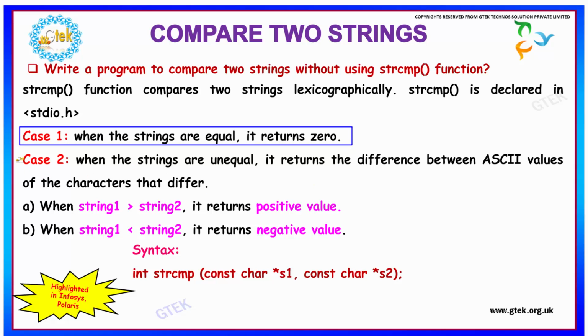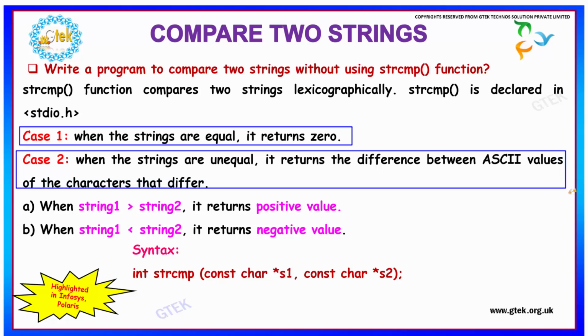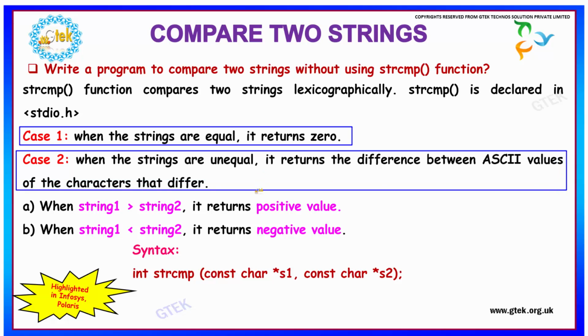If two strings are unequal, it returns the difference between the ASCII values of the characters that differ. If string 1 is greater than string 2, the value returned will be positive. If string 1 is less than string 2, the value returned will be negative.